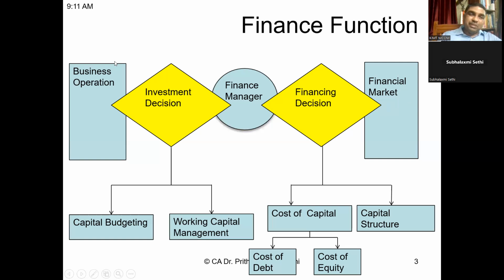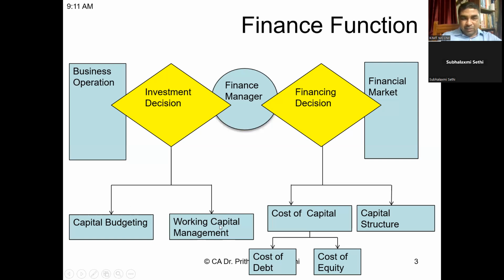And considering his business operation, what kind of asset he requires, on that basis he takes the investment decision. Investment decisions can be of two types. One is capital budgeting decisions, when he is purchasing a capital asset. Then working capital management decision, which is also investment.